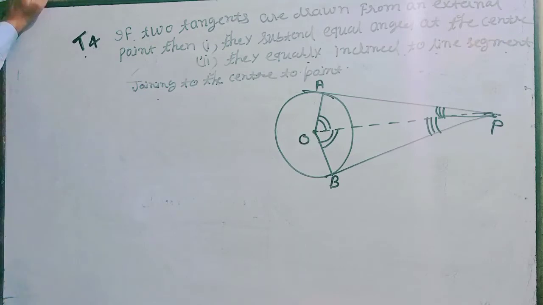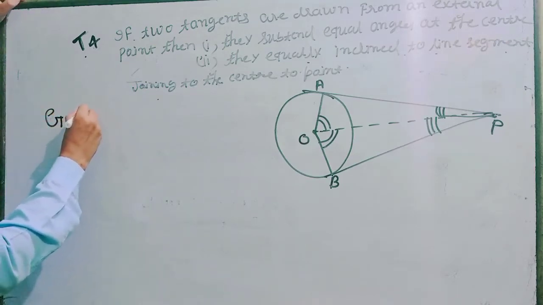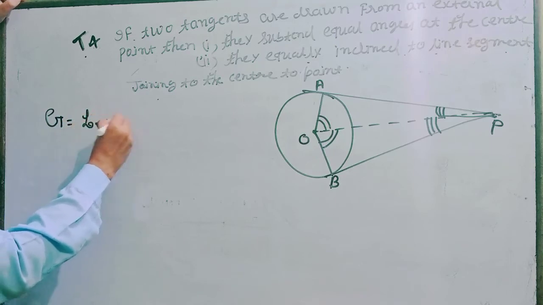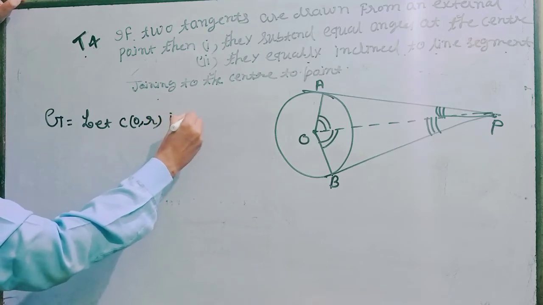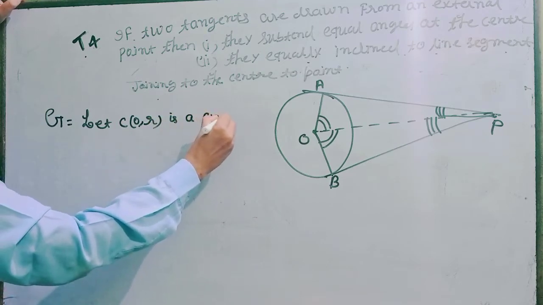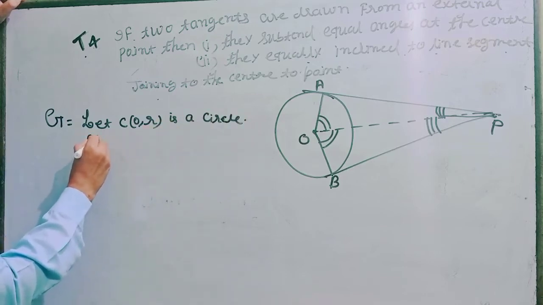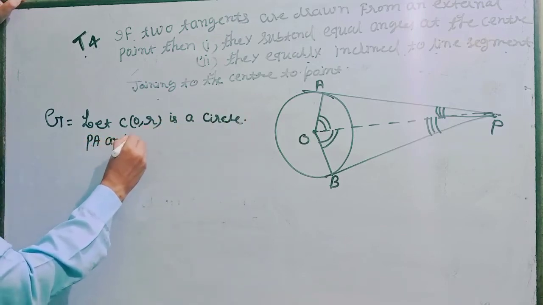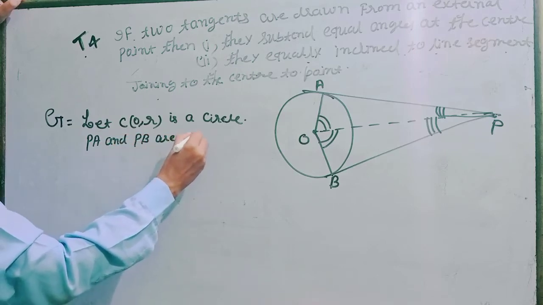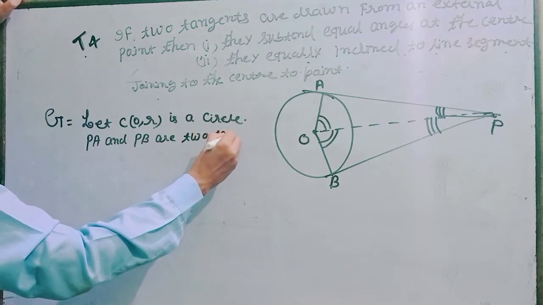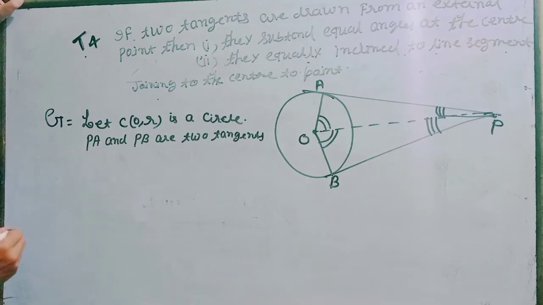So dear student, first you write what is given. Write given: let O be a circle, PA and PB are two tangents.